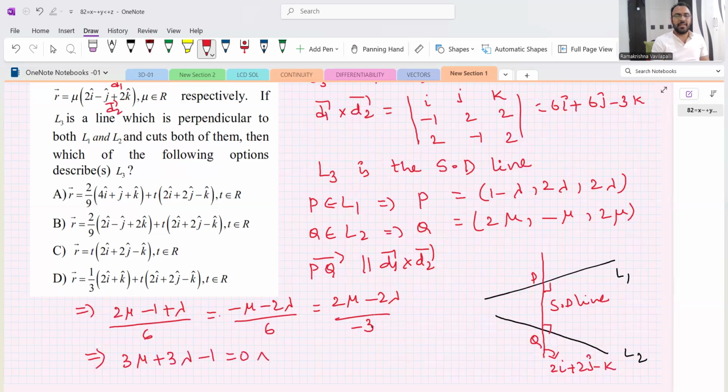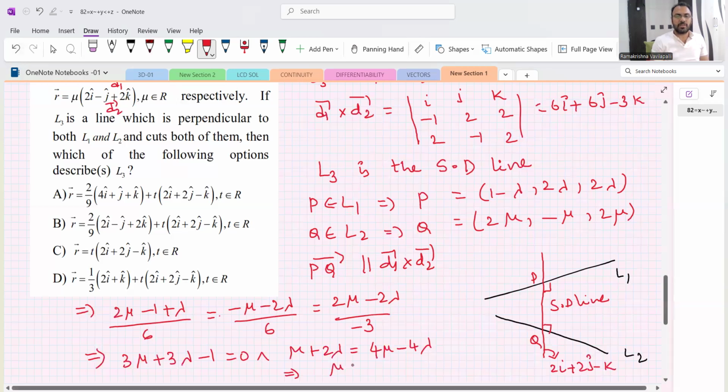And here you see that this is mu plus 2 lambda is equal to 4 mu minus 4 lambda. So this implies that 3 mu is equal to 6 lambda.